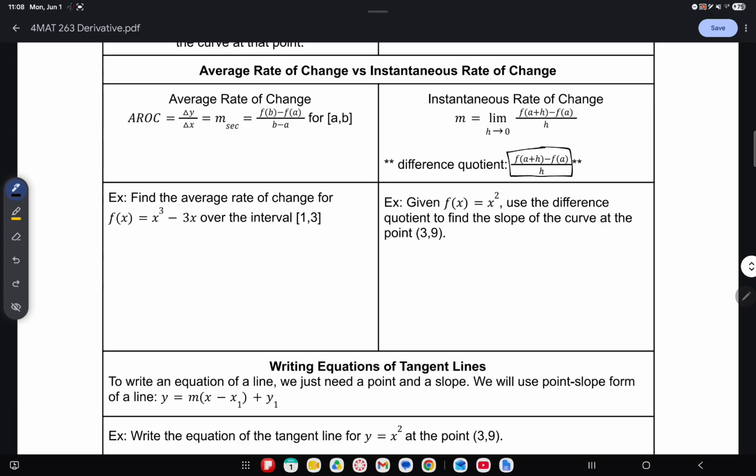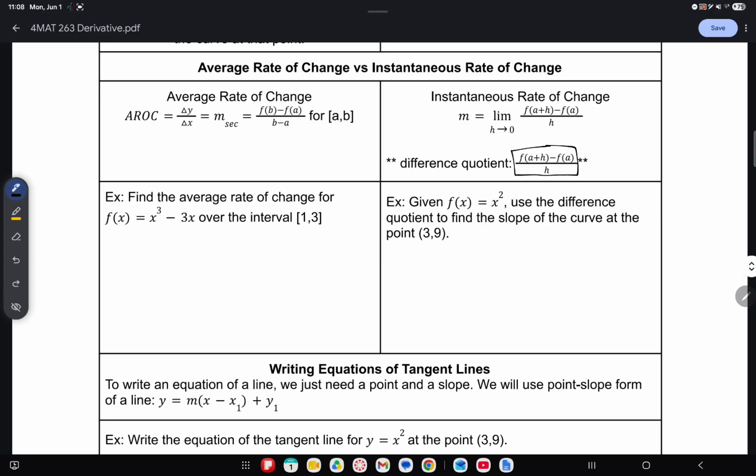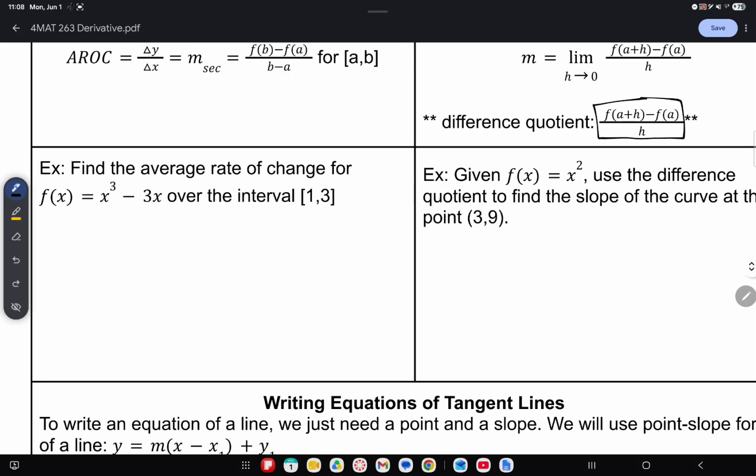So the average rate of change for this function here over the interval 1 to 3. So I just need the 2 points. So I can find f of 1. And let's see, 1 cubed is 1. 1 minus 3 is negative 2. And then I can also substitute in 3.